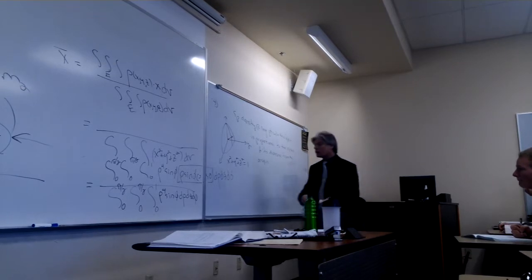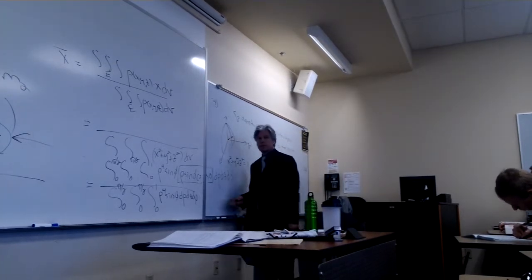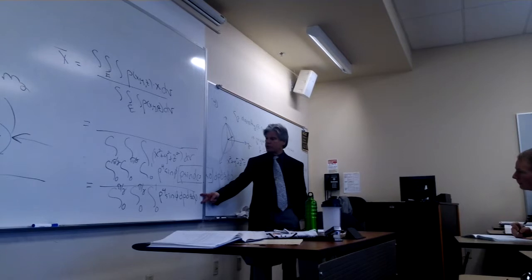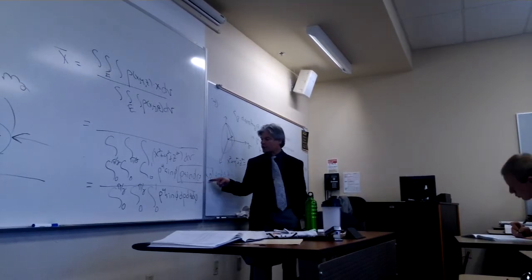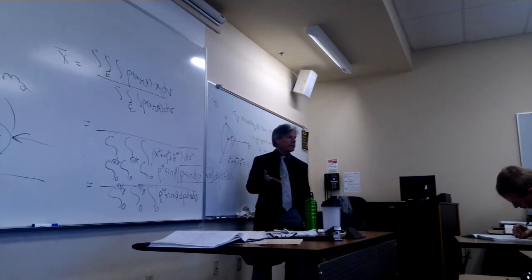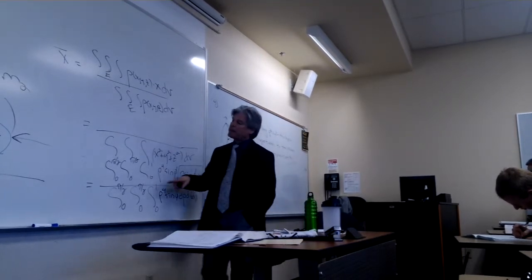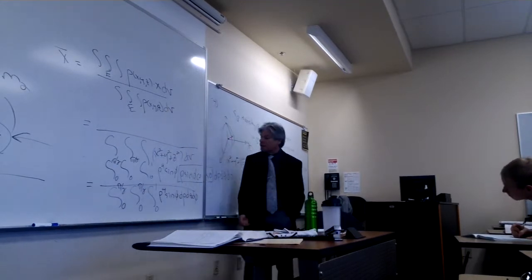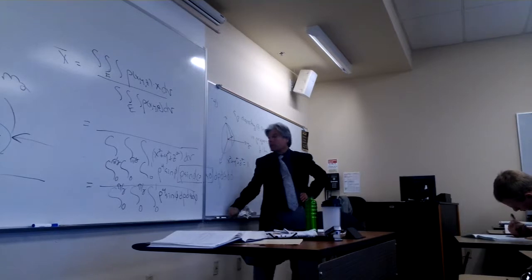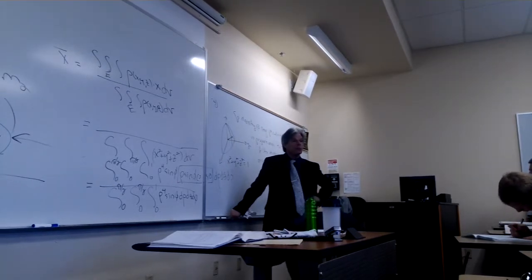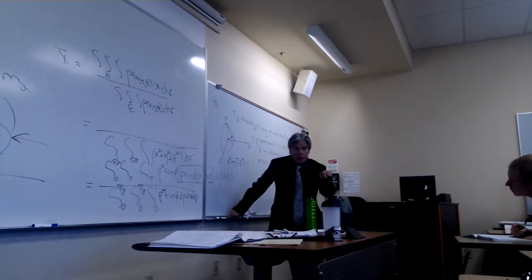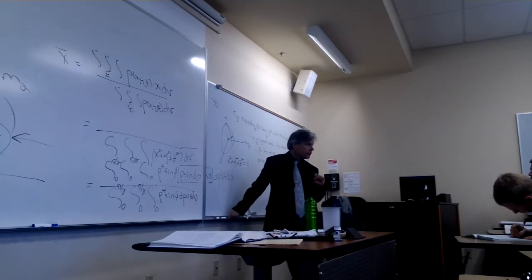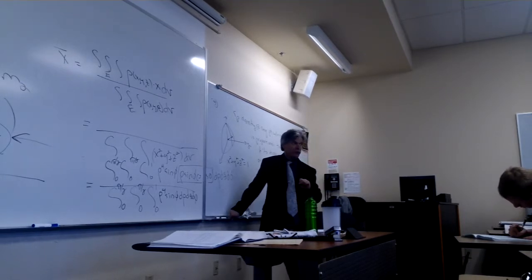Now, to find the y-coordinate of the center of mass, what changes downstairs? Nothing. What changes upstairs? Cosine of theta becomes sine theta. To find the z-coordinate of the center of mass, nothing changes downstairs, but what changes upstairs is that everything in the box now becomes rho cosine of phi, because that's how I interpret z-coordinates with spherical coordinates. Did you catch that?